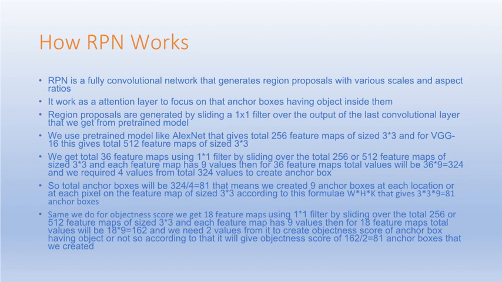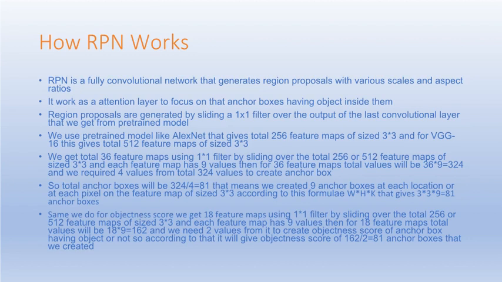So total anchor boxes will be 324 divided by 4 equals 81. That means we created 9 anchor boxes at each location or at each pixel on the feature map of size 3x3. According to the formula W times H times K, that gives 3 times 3 times 9 equals 81 anchor boxes. We do the same for the objectness score.